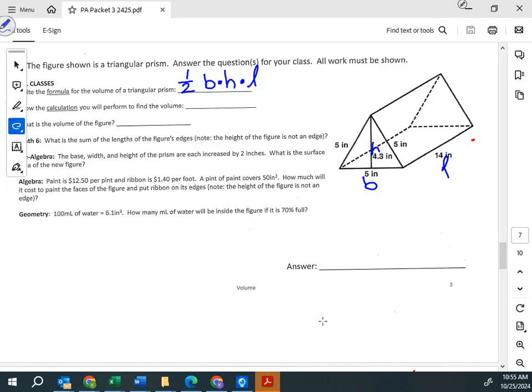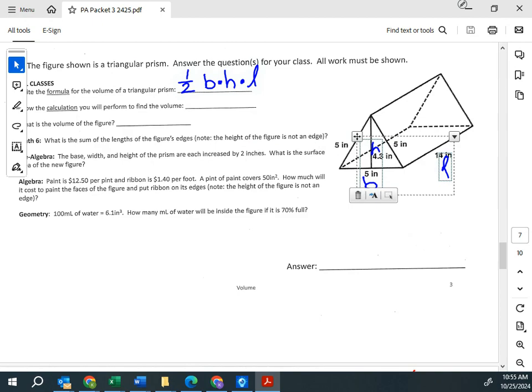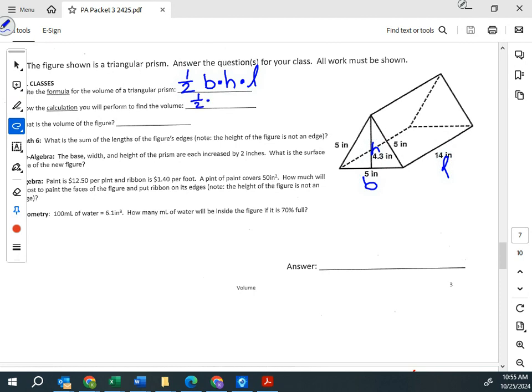Then you have to find a half of it. You have to divide it by 2. 1/2 of the base times the height times the length. Then we have to write down what that calculation is. So it's going to be 1/2 times the base of 5 times the height of 4.3 times our length of 14.